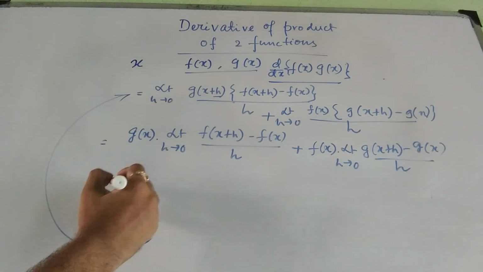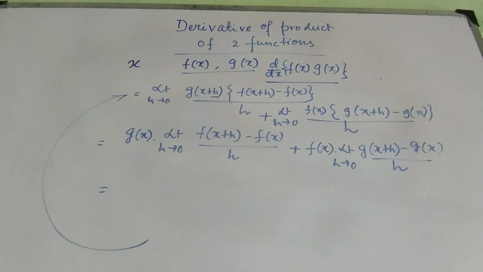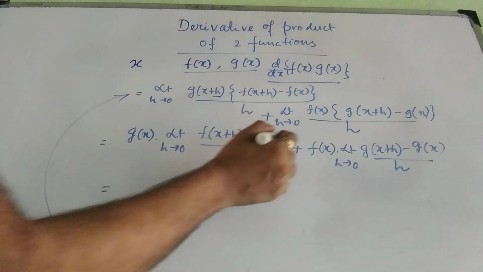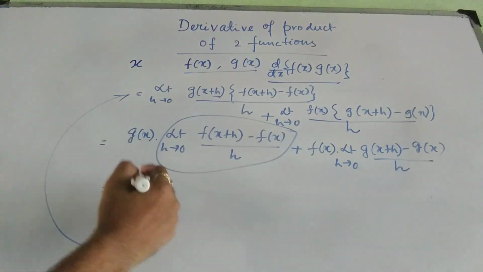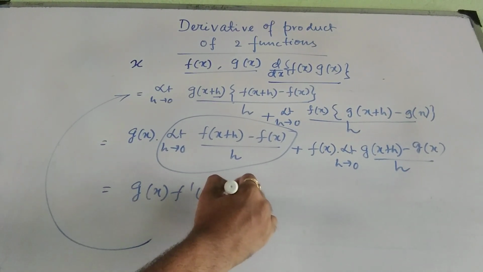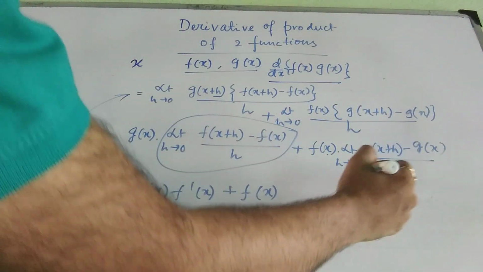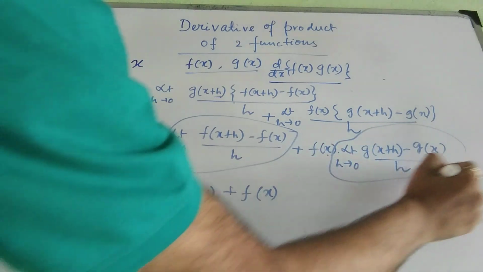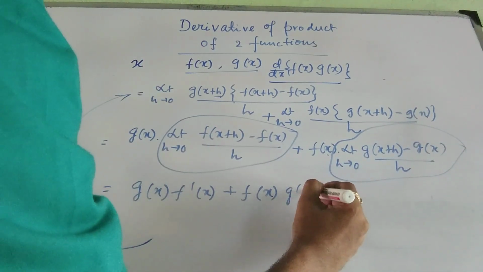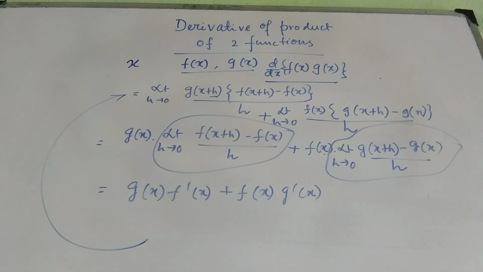From the basic definition that I wrote in the initial part of this video, this is nothing but f'(x), that is d/dx of f(x). Similarly, the other expression is nothing but g'(x), from the definition of the derivative, the limit h tending to 0 of f(x plus h) minus f(x) by h, or similar for g.